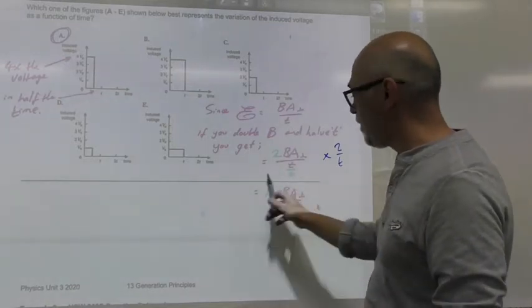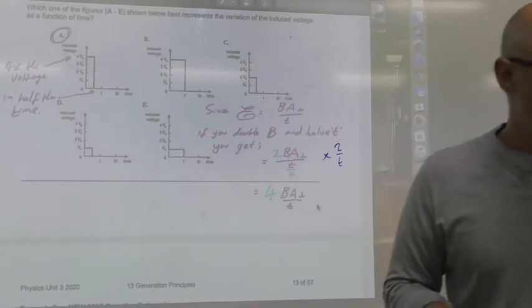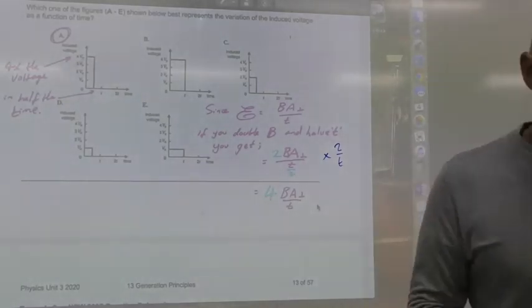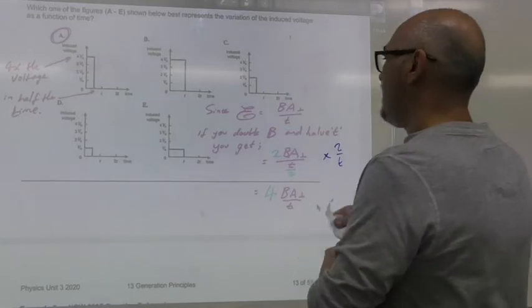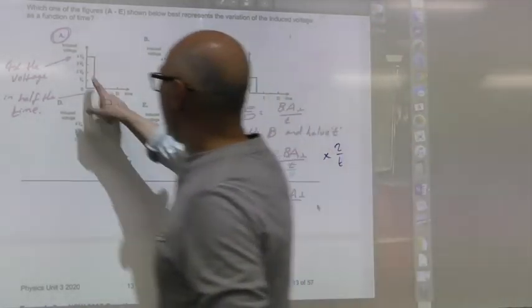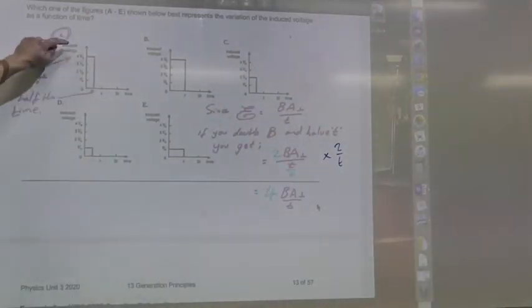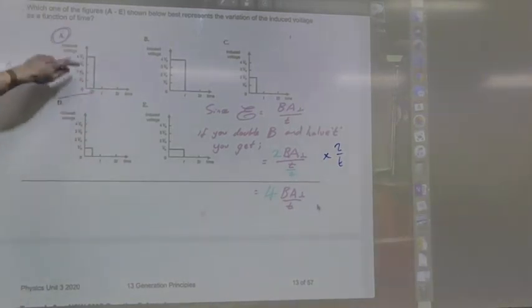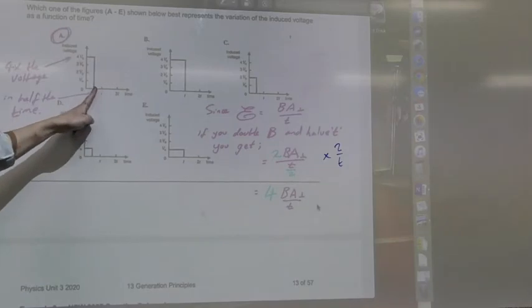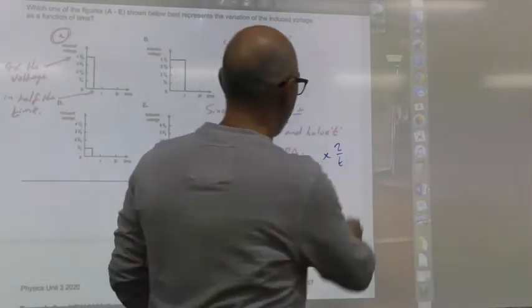And that's where that comes from. And again, another example of why knowing fractions is really helpful. So that explains why you have, not double the voltage, 4 times the voltage in half the time. That's how that graph makes sense.